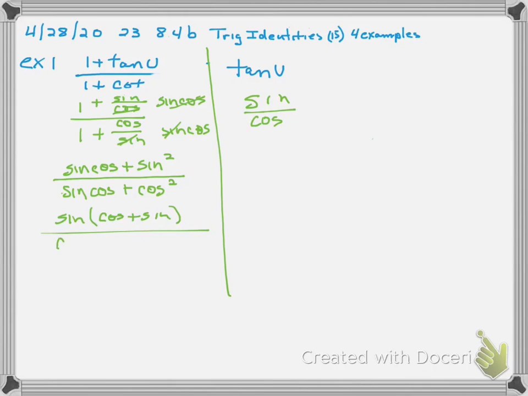Then on the bottom, I'm factoring out a cosine, so that leaves me a sine plus cosine. So now sine plus cosine is the same factor. It can cancel. I'm left with sine over cosine, which is what I'm aiming for, so I'm done.